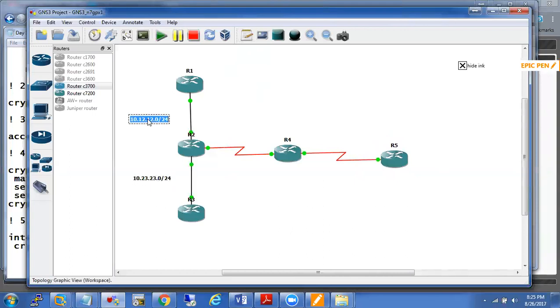Or actually, because I'm going to be running this in VRF, so I'll say 10.10, 10.10. I have two 10.2s over here.